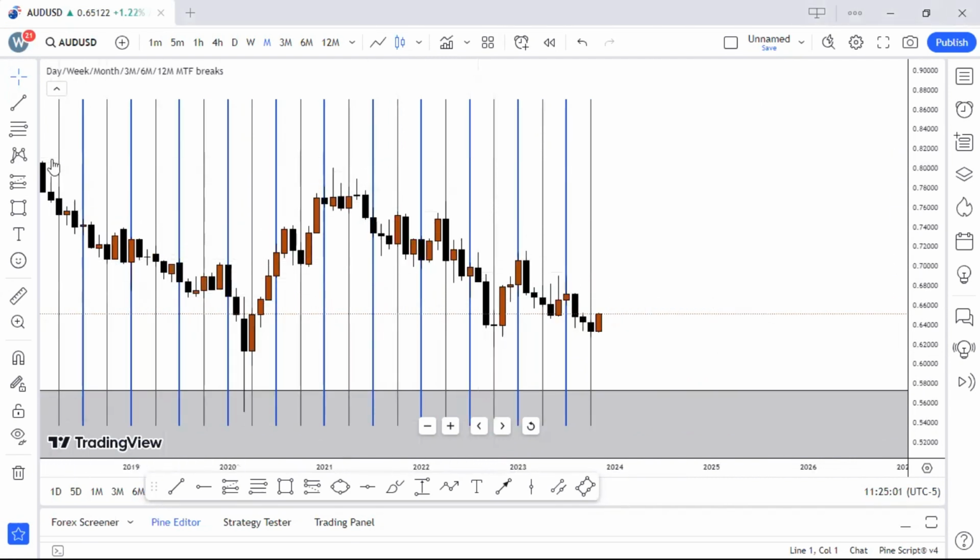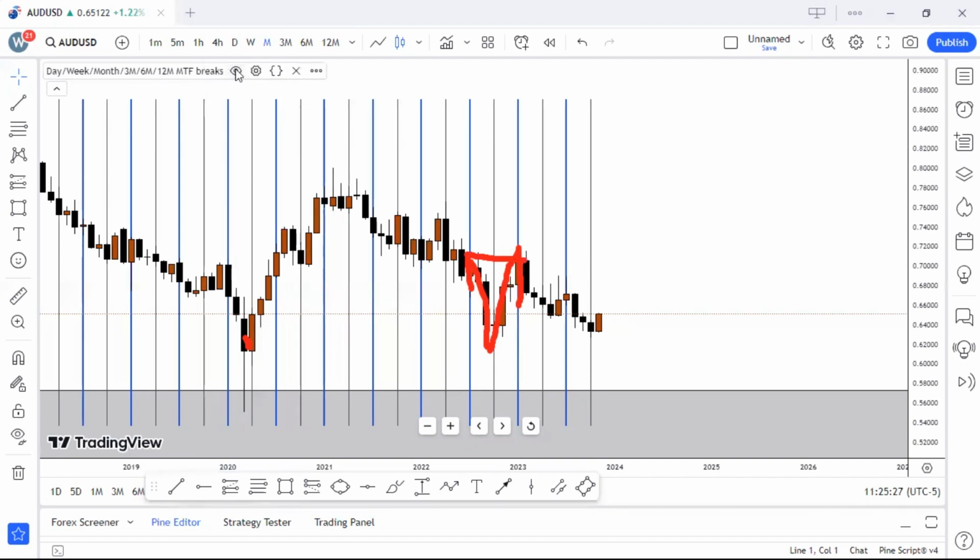Inside of this 6 month candle, between the first quarter, the market made a low inside here and then made what? A higher high above that 6 months.